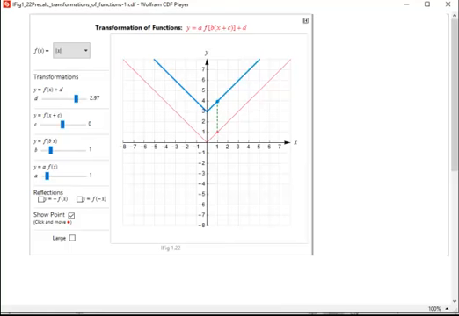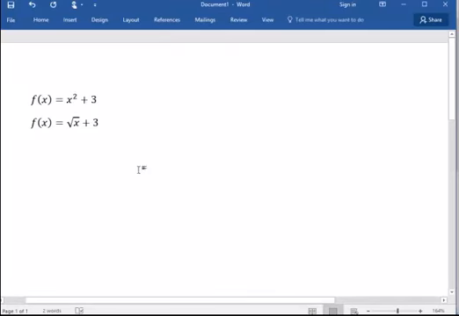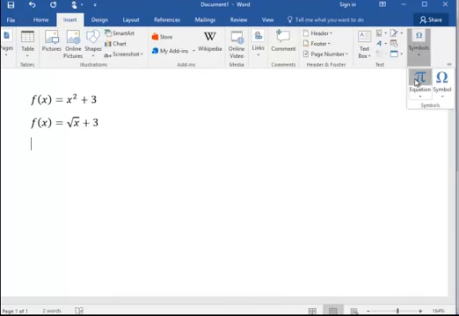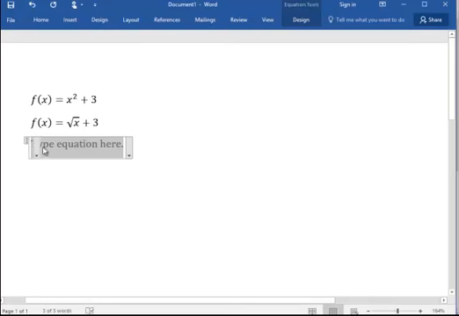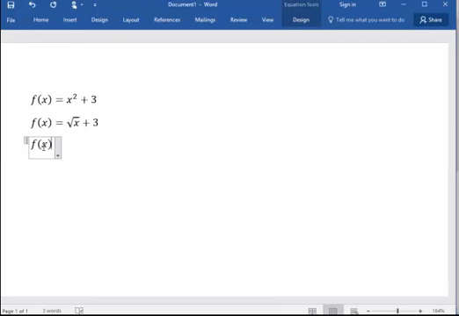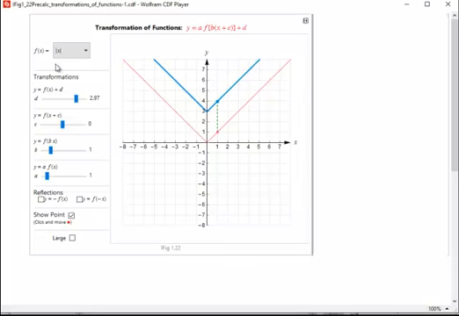And if I were to write this, I would simply write f of x equals the absolute value of x plus 3. Okay, so I'm doing a few of these just to show you that the actual shift looks the same. The only thing that changes is the type of function that's being shifted. So you don't want to make this harder than it is. Okay, let's go to another one.